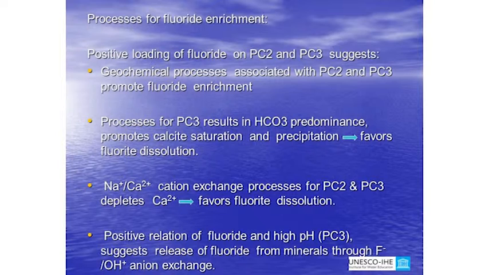That also suggests that fluoride gets into the groundwater system from the aquifer matrix through fluoride-OH anion exchange. I think the OH should have been plus. Should have been minus. So in a nutshell, these are the processes or mechanisms that are causing the fluoride enrichment in the groundwater system.